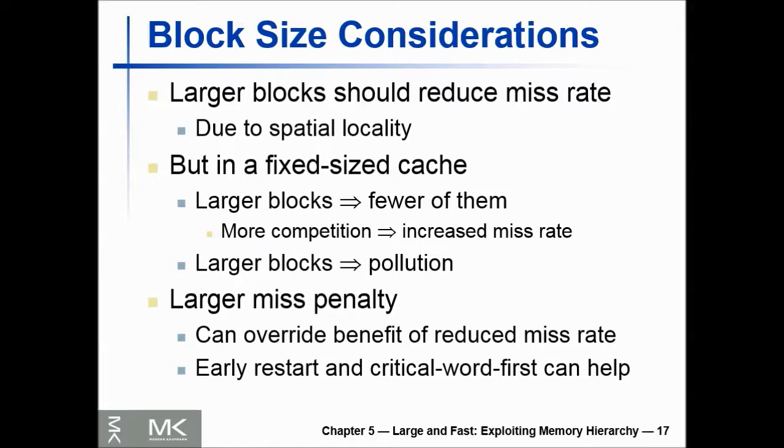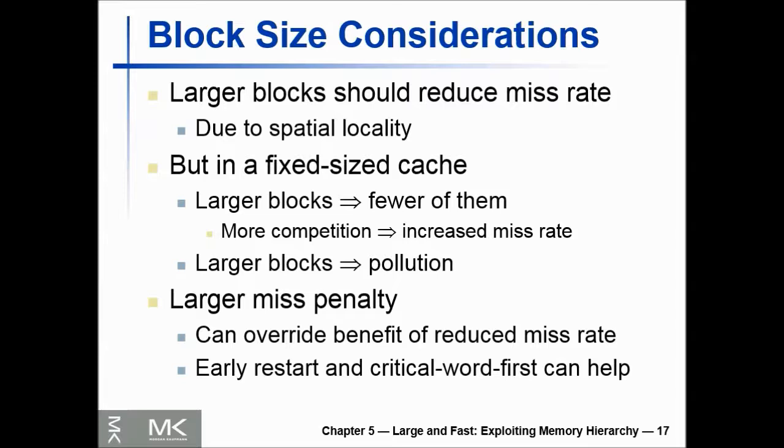As a result, a block will be bumped out of the cache before many of its words are accessed. Stated alternatively, spatial locality among the words in a block decreases with a very large block. Consequently, the benefits to the miss rate become smaller.